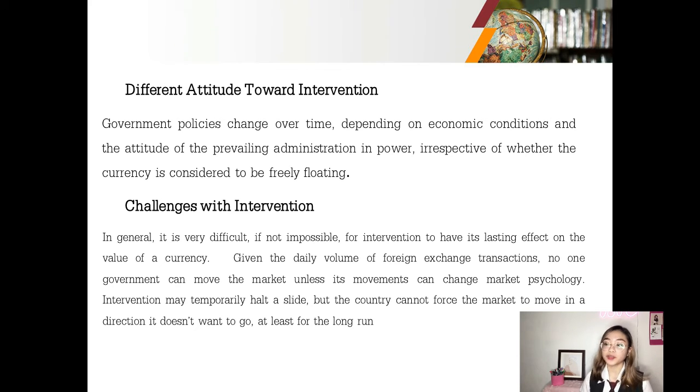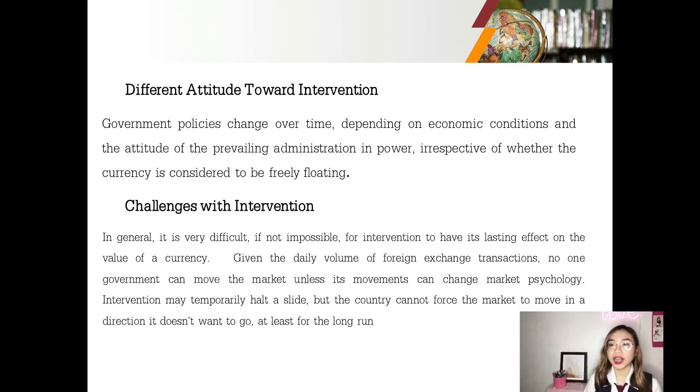So governments prefer to stabilize the exchange rate because excessive short-term volatility erodes market confidence and affects both the financial market and the real goods market. So government policies change over time depending on the economic conditions and the attitude of the prevailing administration in power, irrespective of whether the currency is considered to be freely floating.